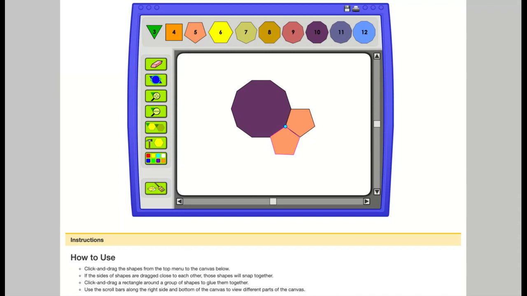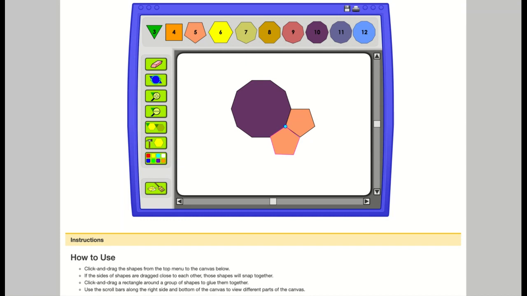Now, the fact that these 3 can be put together around a vertex means that's a candidate for what's called a semi-regular tiling, meaning that this idea of putting 2 regular pentagons and a regular decagon might extend out to a tiling where you're using more than one type of regular polygon.